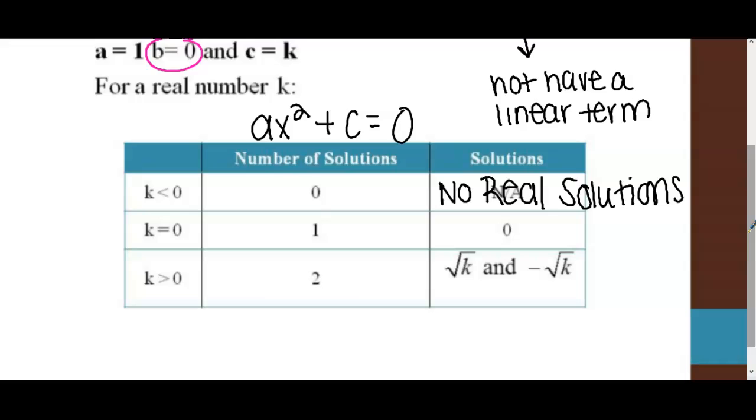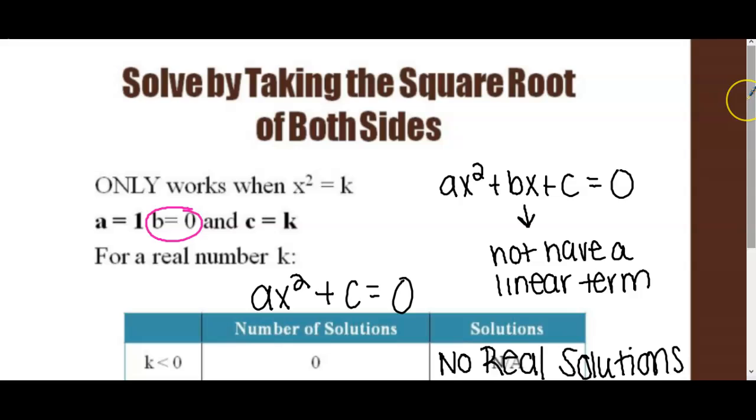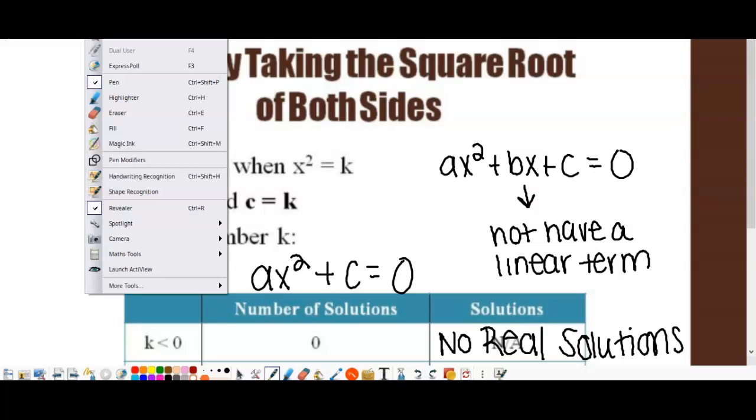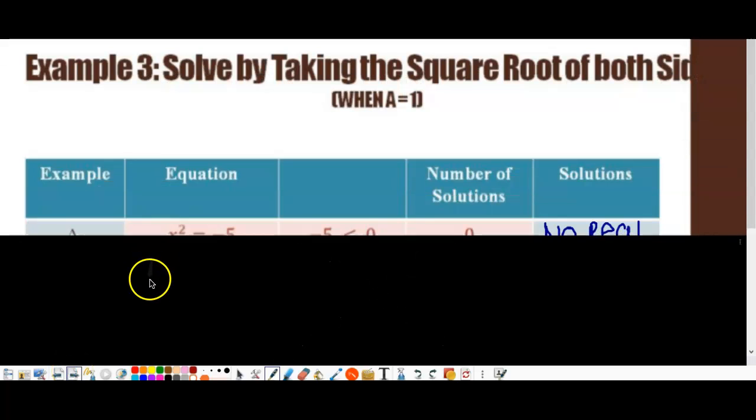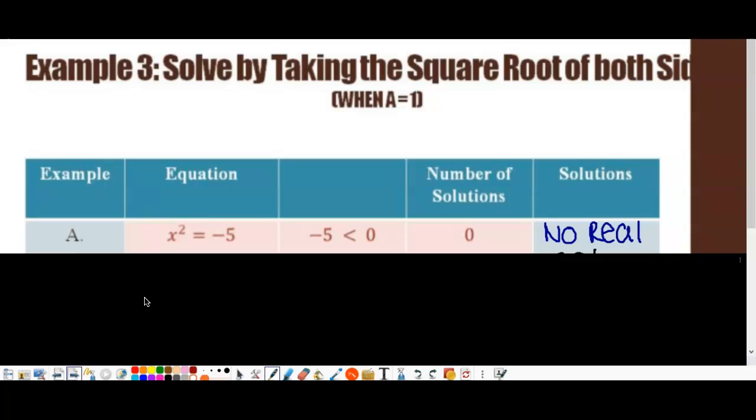So you're going to have the case that is no real solutions. If you have a case that is no real solutions, then the k value will be negative when you simplify. In that first example, you have x squared equals negative 5.